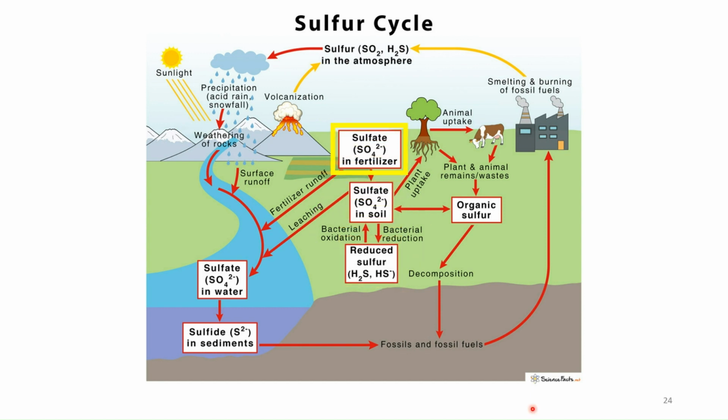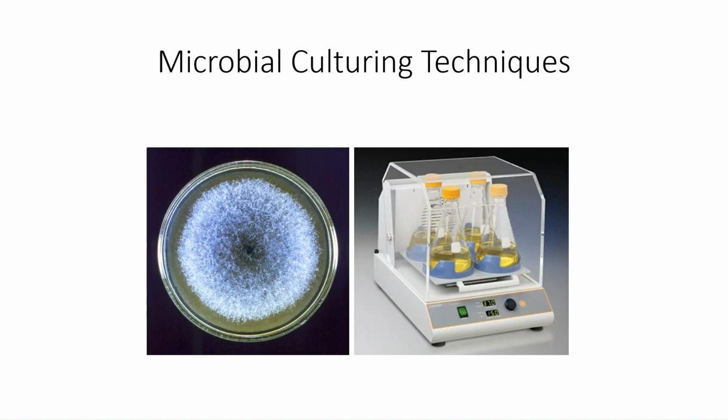Okay, this is really important to us because we also need to be able to generate sulfate as fertilizers. And we release sulfur as well into the air, and we have to have a way that those pollutants can cycle through our systems.